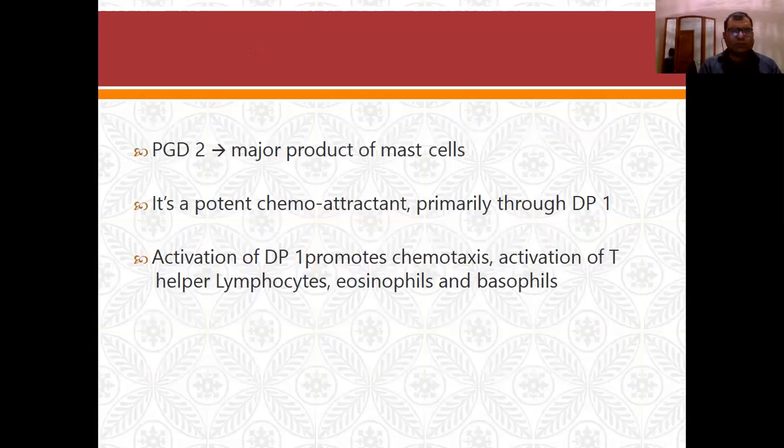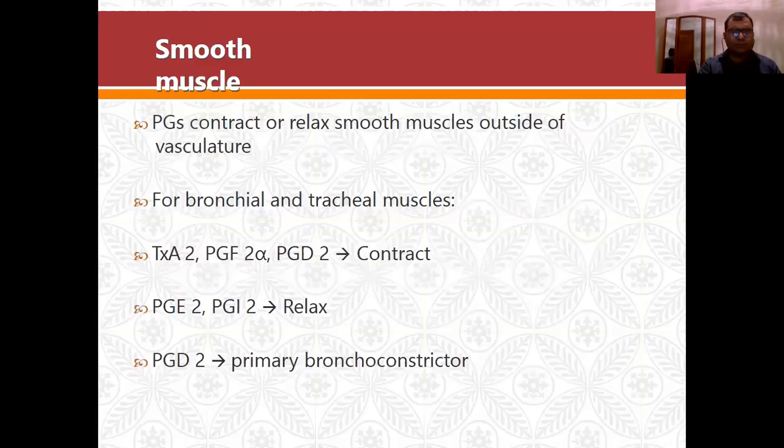Prostaglandin D2 is the major product of mast cells. It is a potent chemoattractant, primarily through DP1. Activation of DP1 promotes chemotaxis and activation of T helper lymphocytes, eosinophils, and basophils. Smooth muscles: prostaglandins contract or relax smooth muscle outside of the vasculature.